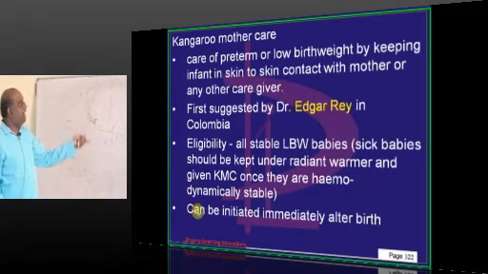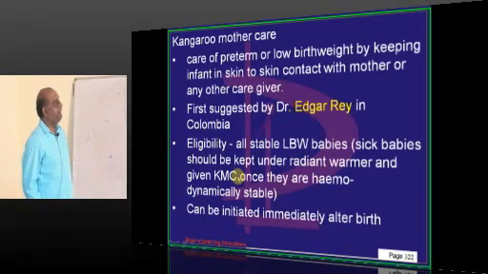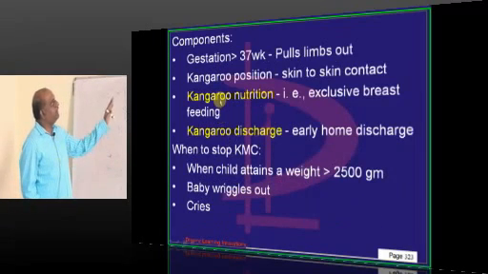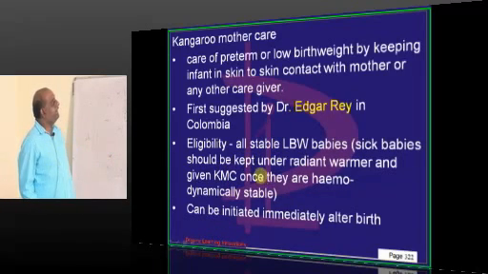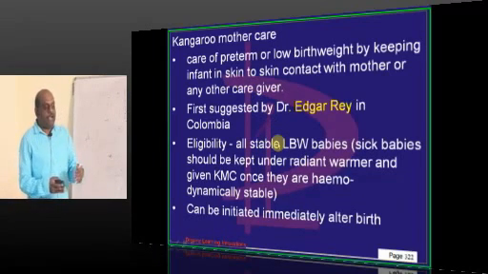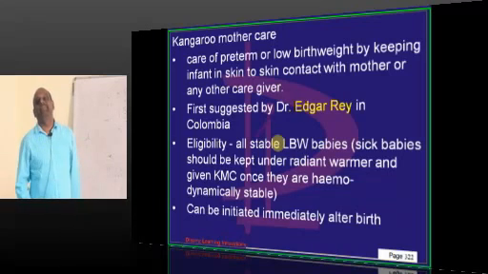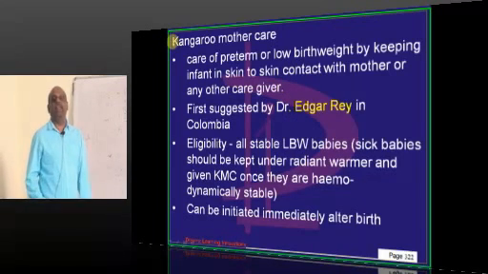So, kangaroo mother care. Typically, we give it to all stable LBW babies. The idea is skin to skin contact between mother and the child, or any caregiver and the child.